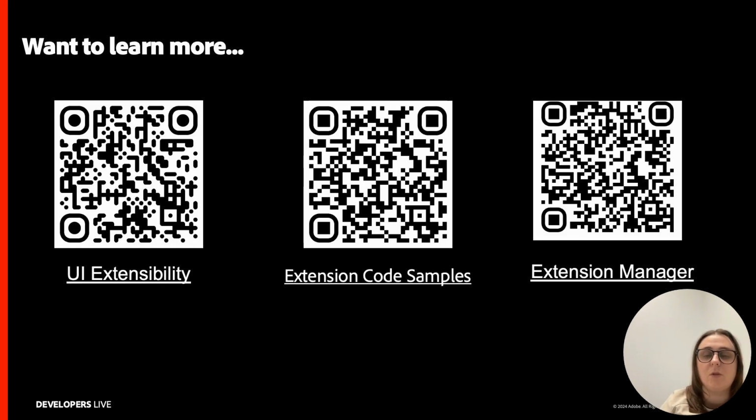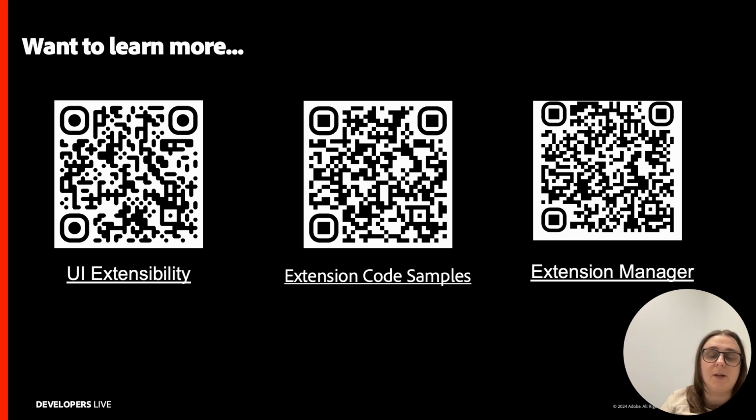If you want to learn more, there are a couple of resources you can check. First of all, you can learn about UI extensibility on the developer documentation portal. If you prefer to learn through trying things, we have a GitHub repository with extension code samples, where you can see some real-life examples of extensions built to satisfy customer business needs, something like adding a new button or loading data into the application.